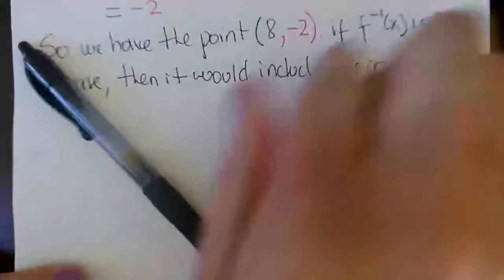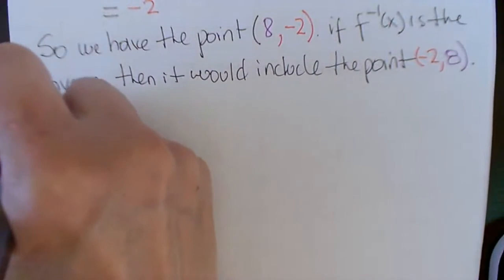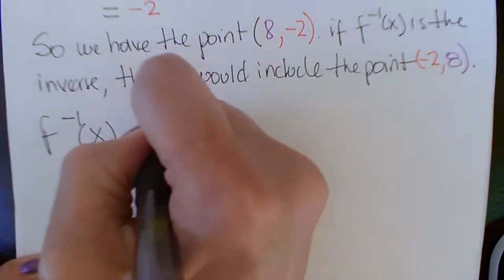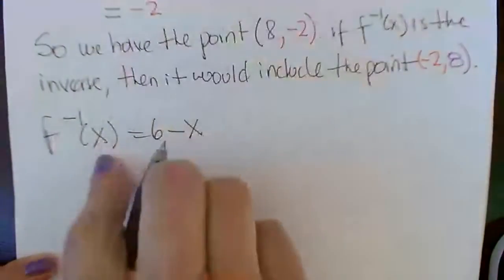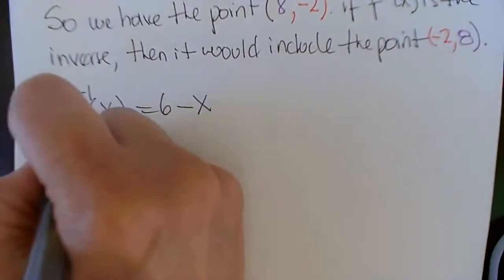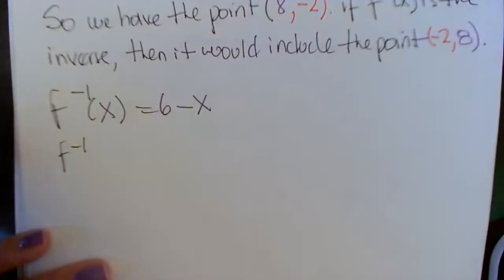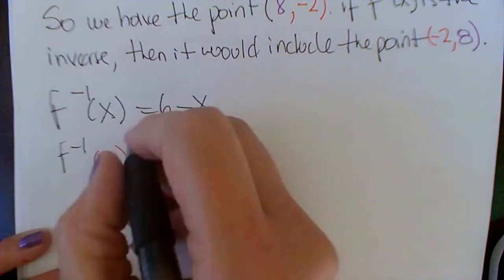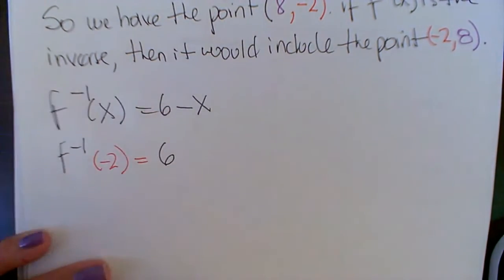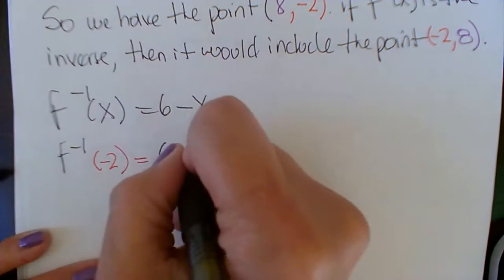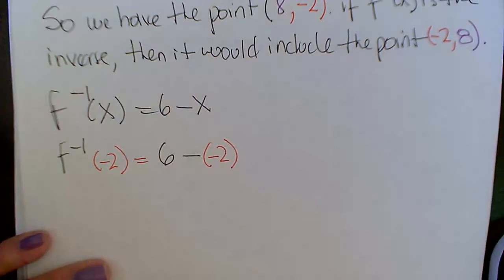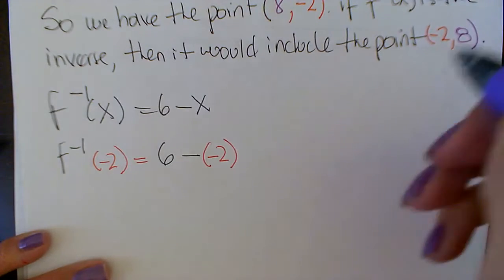Okay, and we are going to check that. F inverse, this is the equation, the f inverse, right? And we're going to say -2. So it's going to be 6, and we do have the negative here, -2. And what do I get?